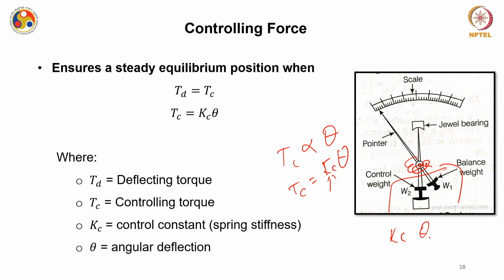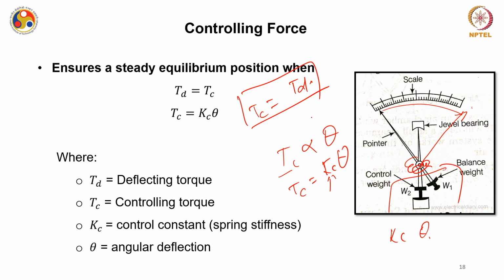To ensure a steady equilibrium position when this pointer stops at a certain position, this Tc value is equated with the TD value, which is the deflecting torque.